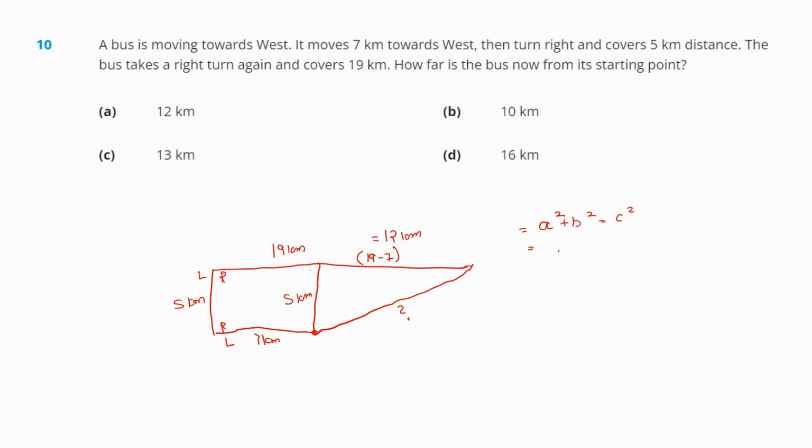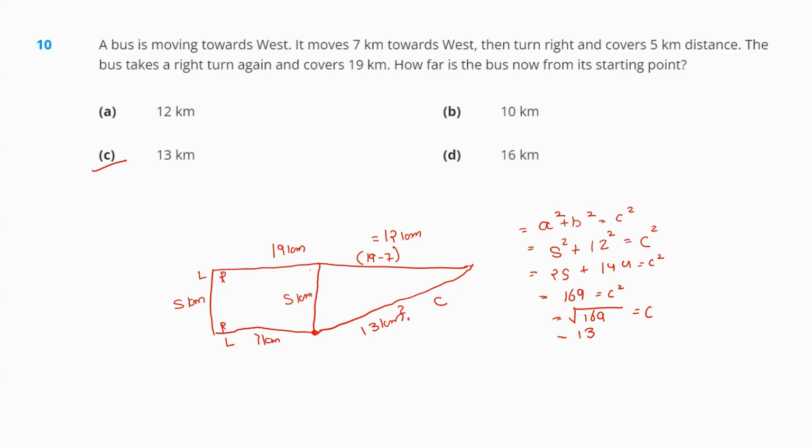So this is 5 square plus 12 square equals, let's assume it to be c. It is 25 plus 144. It comes to 169, under root of 169 comes 13. So it is 13 kilometers. So answer C is the correct answer.